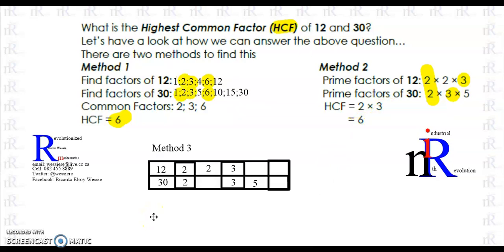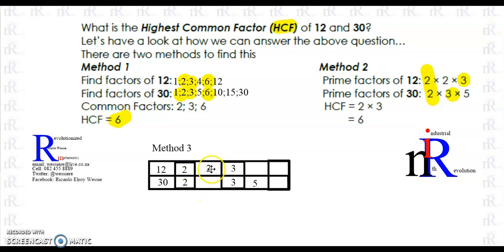Then there is a third method, and I particularly like this one. I list all the prime factors of 12. I list all the prime factors of 30, but in this instance, each column can only facilitate a specific number. So if the first number is a 2, I cannot put a 3 or a 5 or 7 in here.